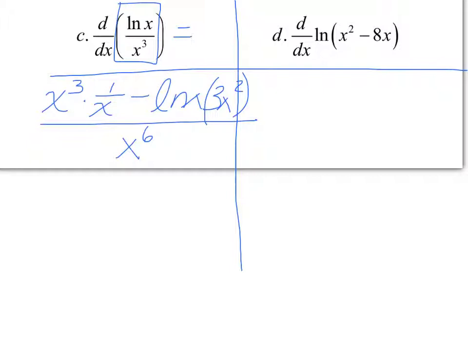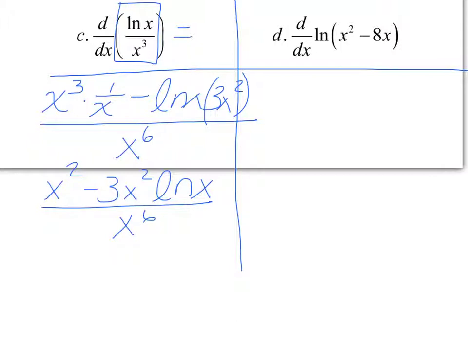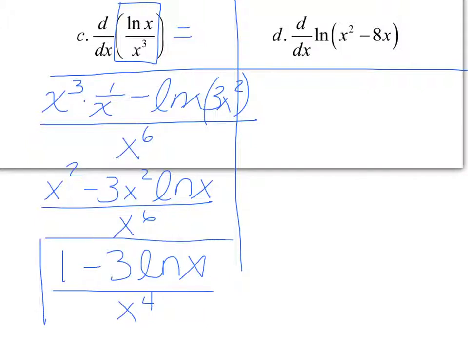This will be x squared minus 3x squared ln of x over x to the 6. So if I take out an x squared from everything, I'll get 1 minus 3 ln of x over x to the 4th. And that's your final answer.